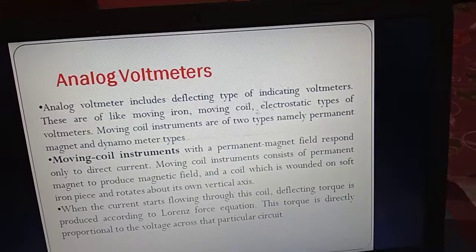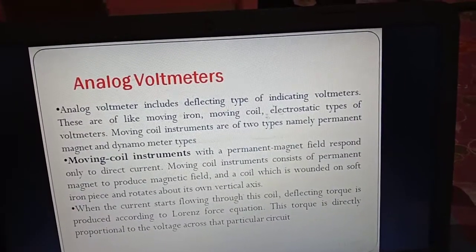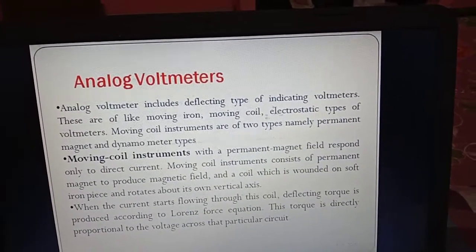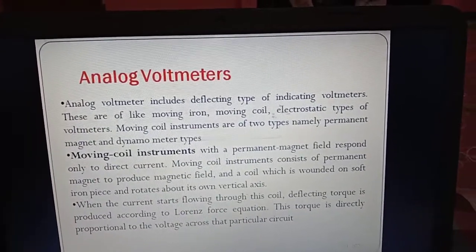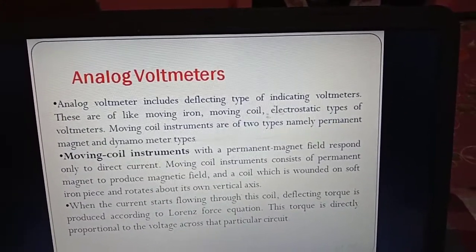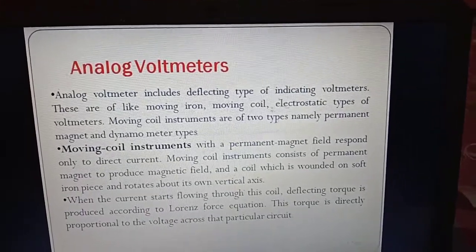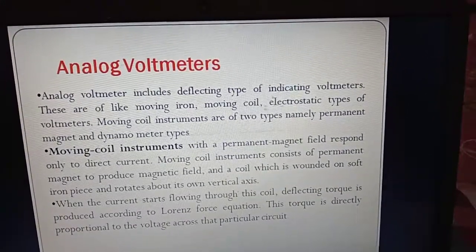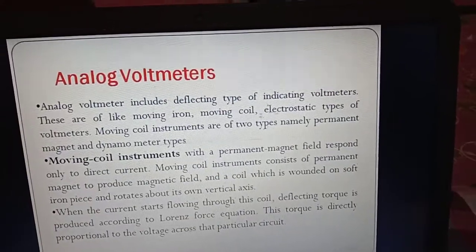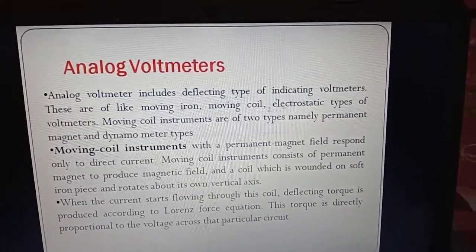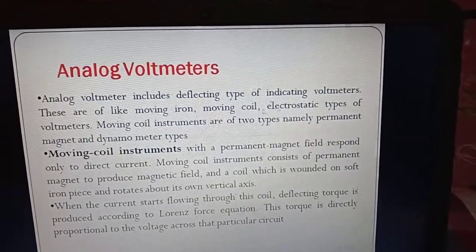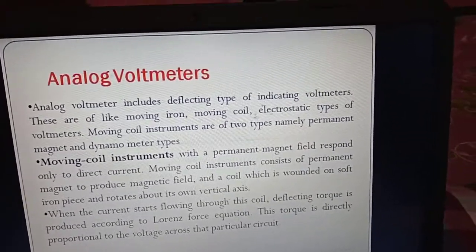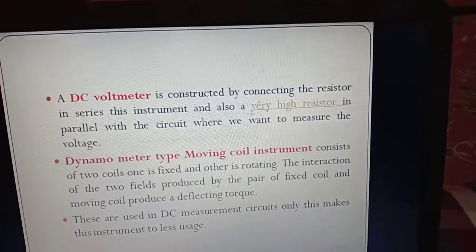Moving coil is used to measure DC voltage only, and the moving iron instrument is used to measure both AC voltage and DC voltage. In the moving coil instrument we are using a permanent magnet, and the current flows in the magnetic field, and the torque exerted by that magnet shows the potential difference between the points.